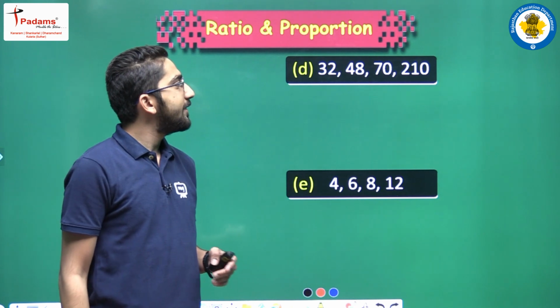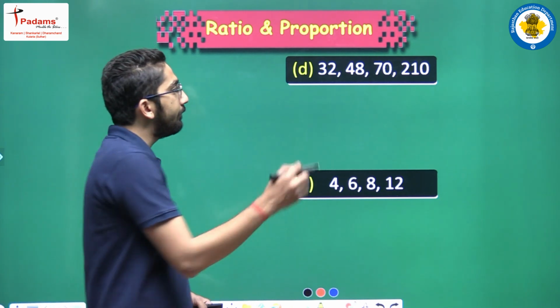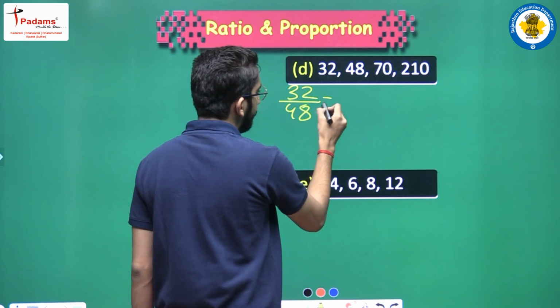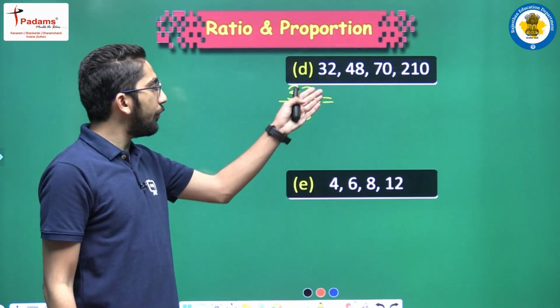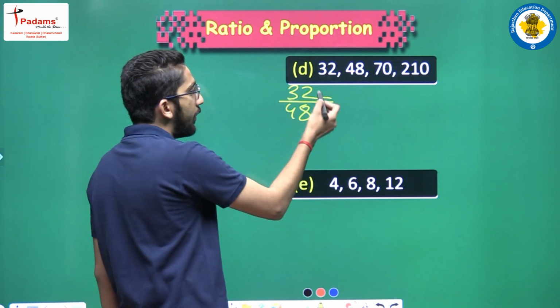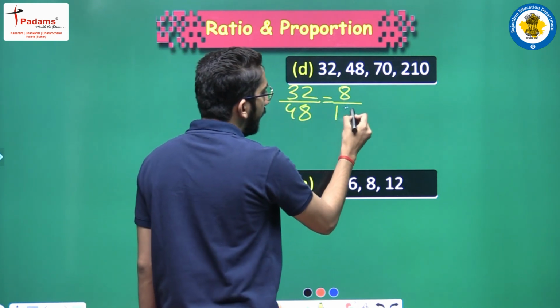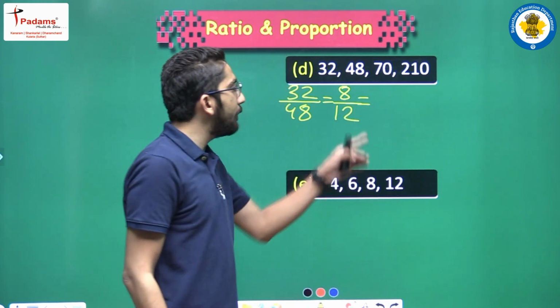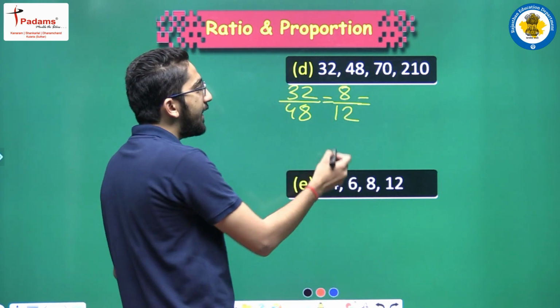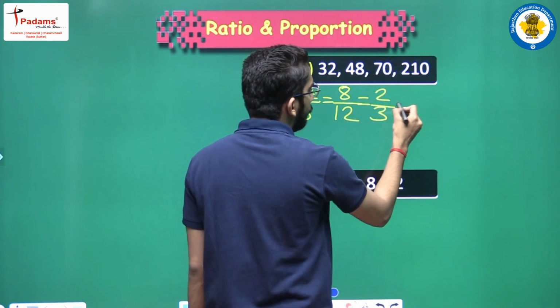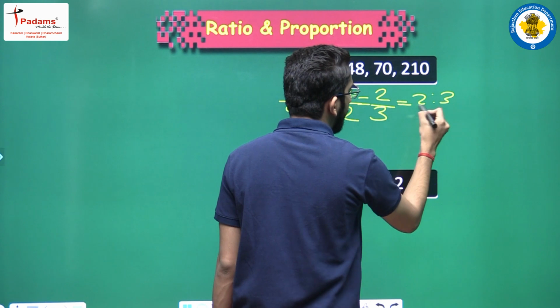32, 48, 70 and 210. So first we will check for 32 and 48. You can divide both of them with 4. So 32 divided by 4 will be 8 and 48 divided by 4 will be 12. You can further divide both of them with 4 again. 8 divided by 4 will be 2 and 12 divided by 4 will be 3. So this becomes 2:3.